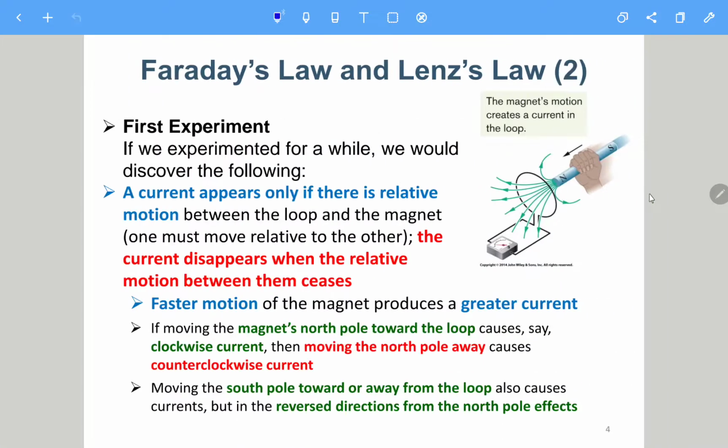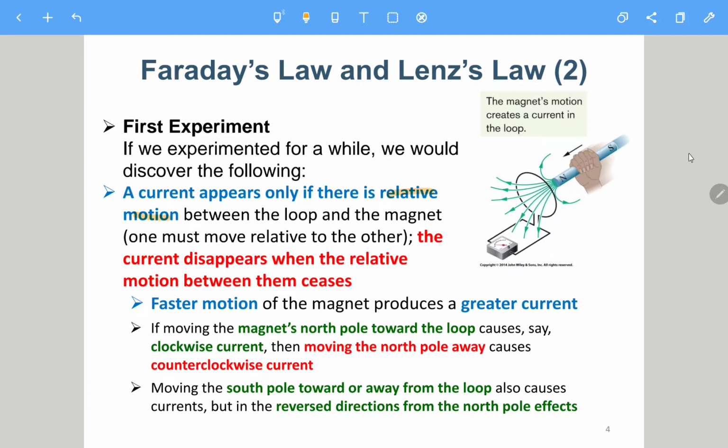Okay. So here it says, if we experiment for a while, we would discover the following. A current appears only if there is relative motion. I just said movement, but in a more physics way, it's called relative motion.